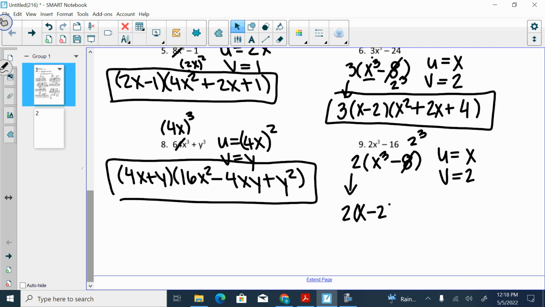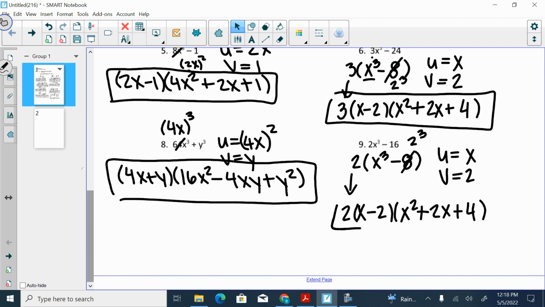X minus 2. Good. In the next parenthesis, what am I going to have? X squared. Very good. Then we'll have plus 2x, 2 times x, nice, plus, very good, 2 squared is 4.